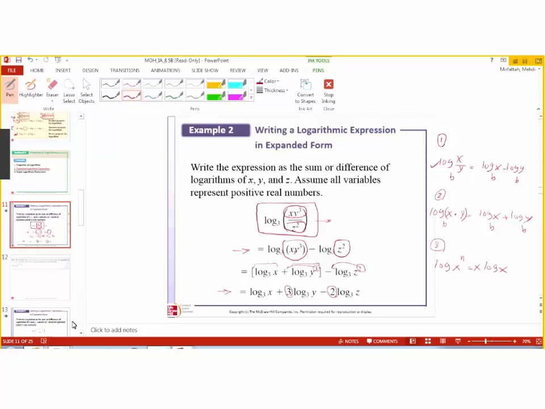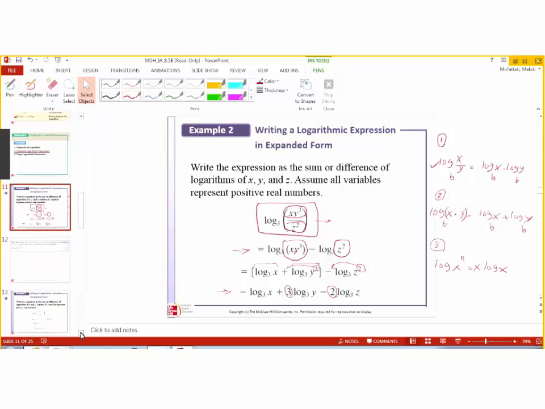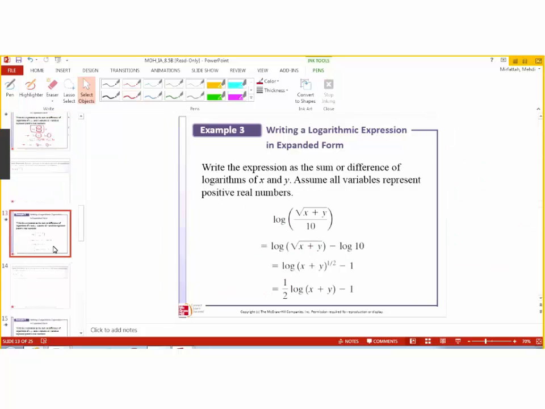Okay, so it looks like we're really okay with that. So let's take a look at another example here. This is another example where we want to expand them. So this would be log of x over y, the same as log of x minus log of y.